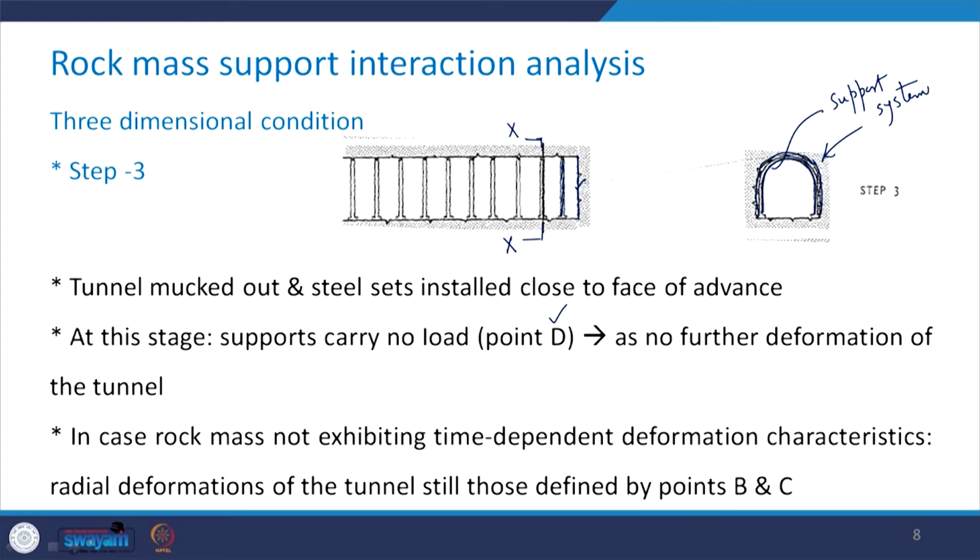Because no further deformation of the tunnel is taking place due to the installation of this support system, which is in the vicinity of the tunnel face. In case of the rock mass not showing the time dependent deformation characteristic, these radial deformations of the tunnel will be still those which were defined by the points B and C of step 2.